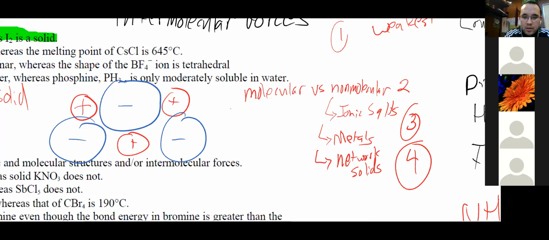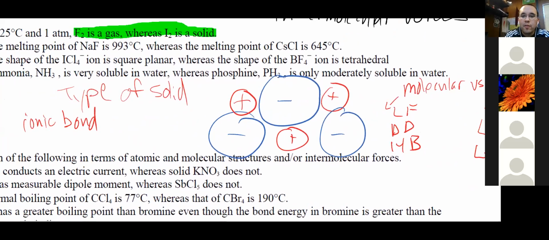Our molecules are held together by our usual forces: London forces, dipole-dipole forces, or hydrogen bonds. Okay. So when we're looking at our sodium fluoride and our cesium chloride, they're held together by these ionic bonds. So who has a stronger ionic bond, sodium and fluorine or cesium and chlorine? What do you guys think?